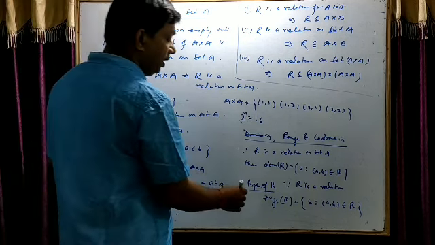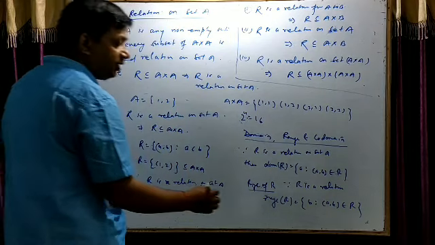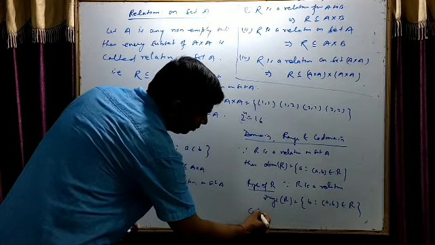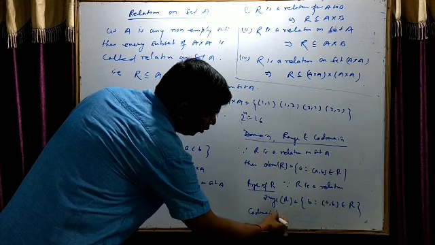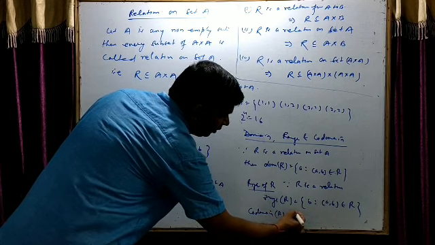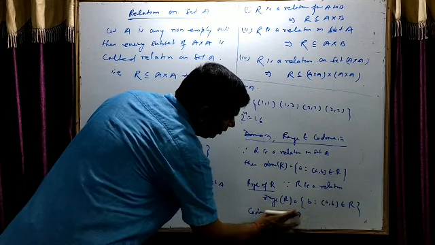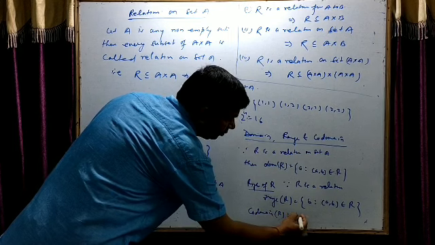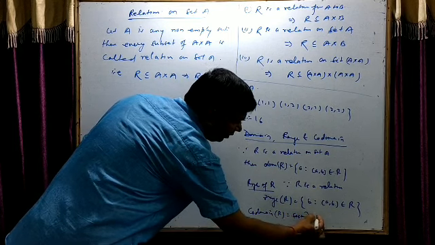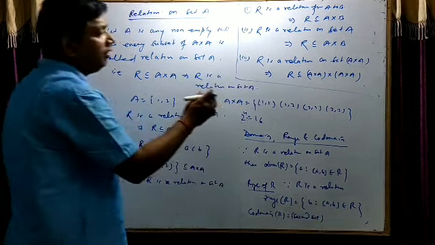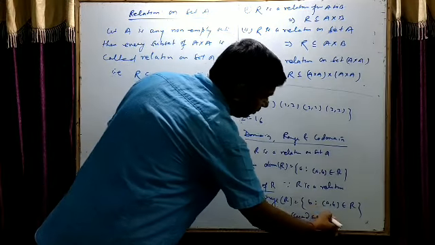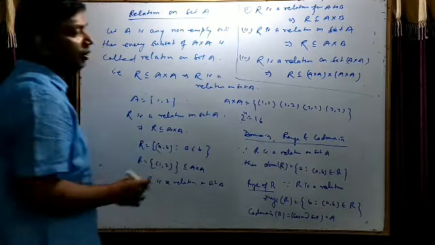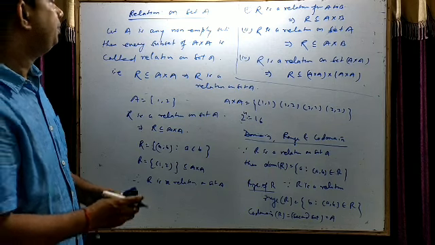Now what is a codomain? Codomain means the second set. Here it is A to A, so the second set is A. So in this example we can say the codomain is A.